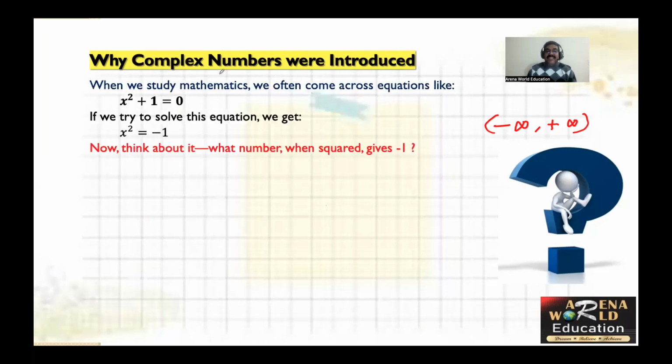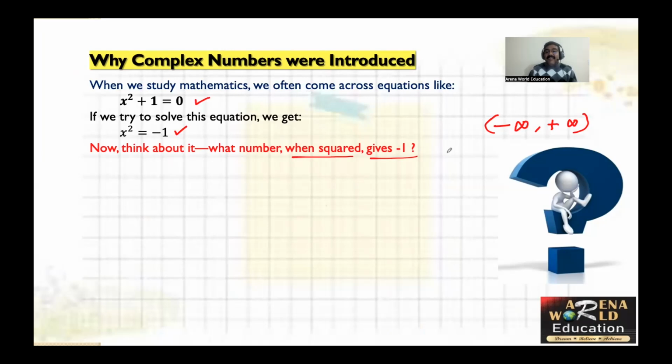So when we study mathematics, we often come across equations like x square plus 1 equal to 0. And if we try to solve this equation, what will we get? We will get x square is equal to minus 1. So now, can you think of a number which when squared gives you minus 1? Take a moment and think about it.